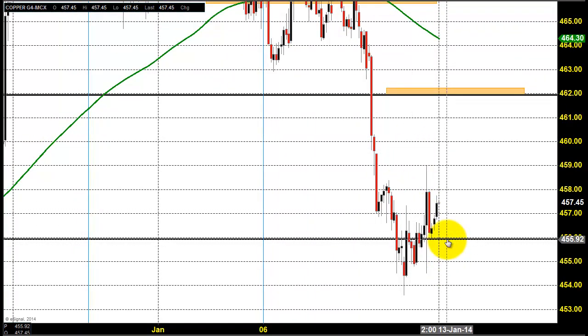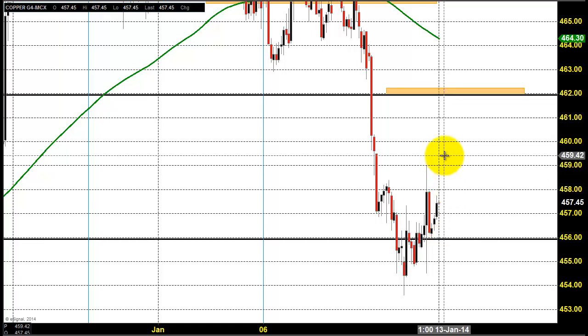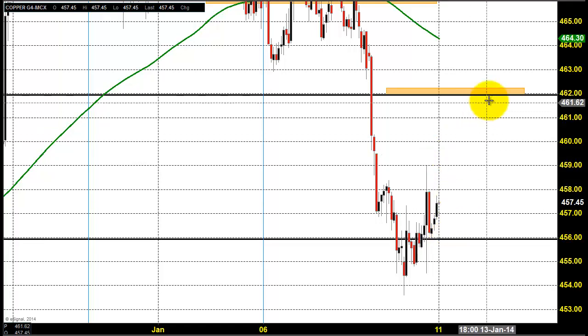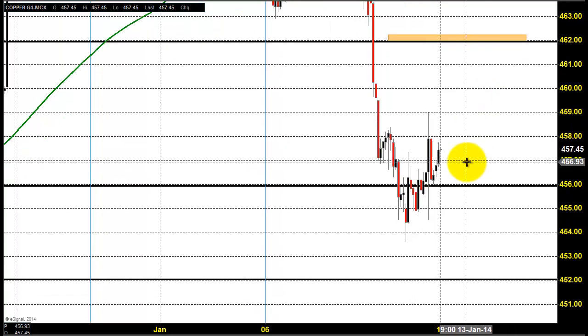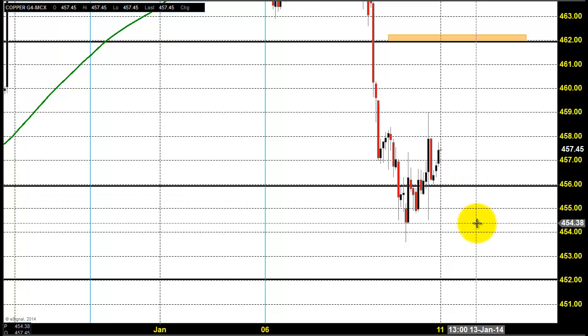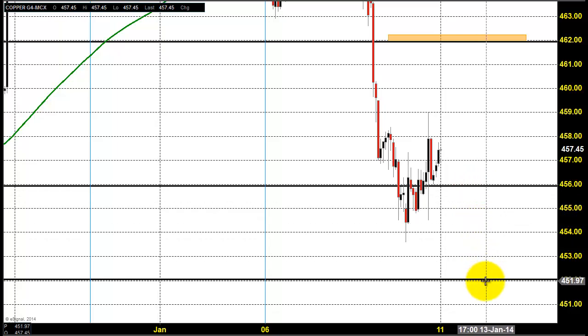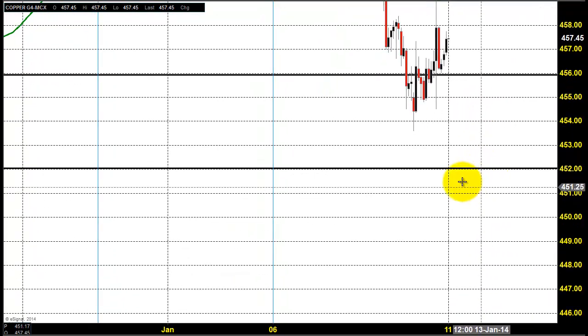So our position is going to be very clear for copper traders. Till 462 we are expecting copper to stay in a downtrend, but in order for copper to continue its downtrend, we need a strong price action below 456 that can push the price to 452. Be very careful.